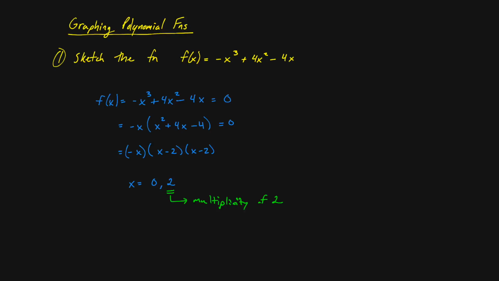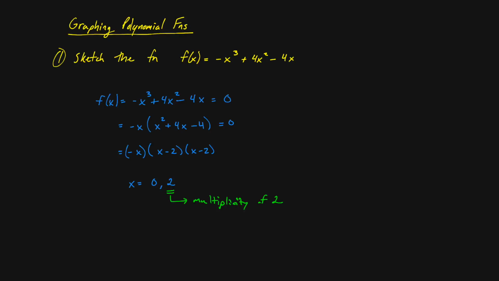So what does multiplicity of 2 mean? Well, it means we have multiple values for a single zero. So here 2 occurs twice because of these two factors. It just happens to be 2 and 2.